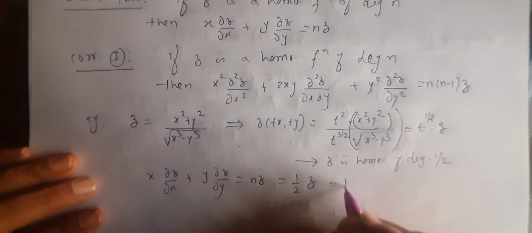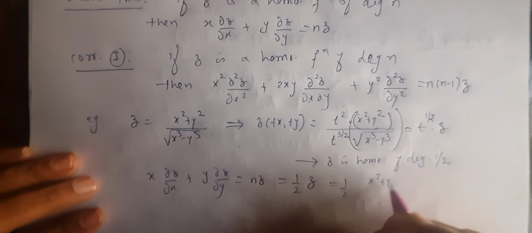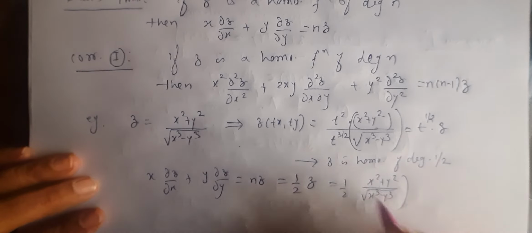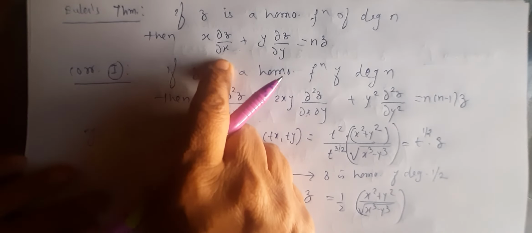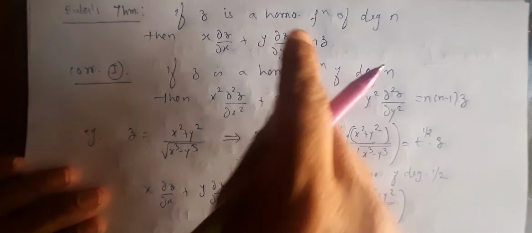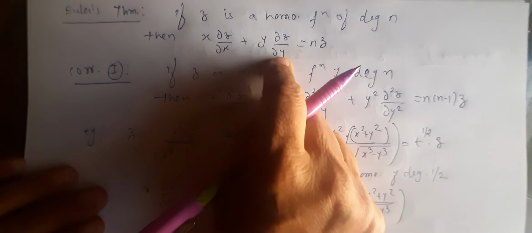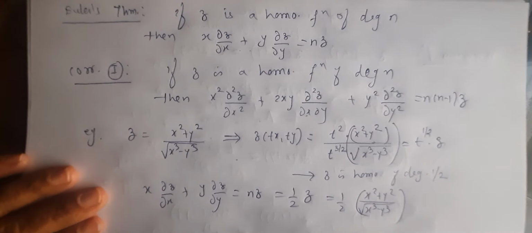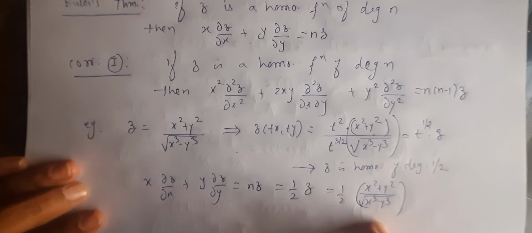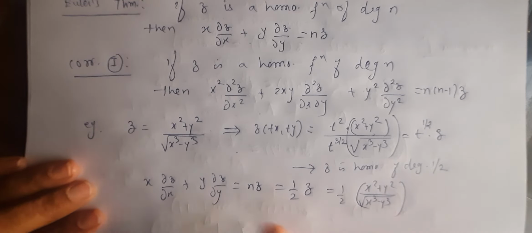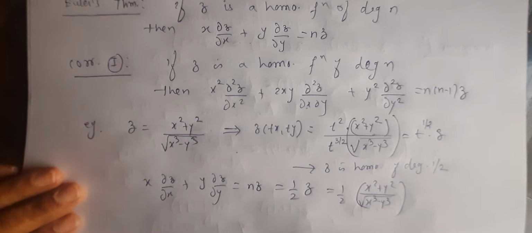Means it will be 1 by 2 into x square plus y square upon the root of x cube minus y cube. Actually, if you find the derivative with respect to x, multiply by x, then the derivative with respect to y, multiply by y, add, you are going to get this answer. But Euler's theorem has made it very easy. Just in 1 or 2 steps we are getting the answer.